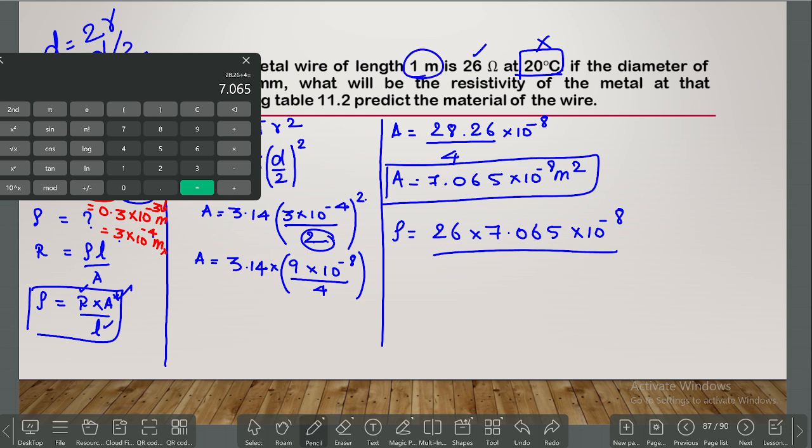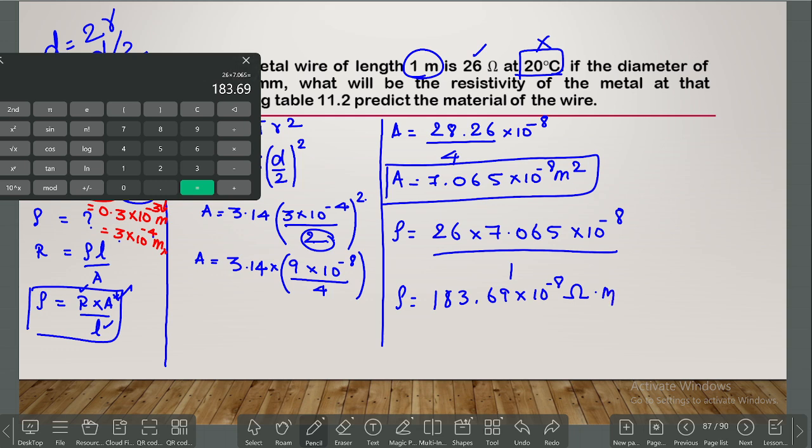It is given in the question, 1. Now multiply the numerator part alone. 26 into 7.065, that will be equal to 183.69 into 10 to the power of minus 8 ohm meter.